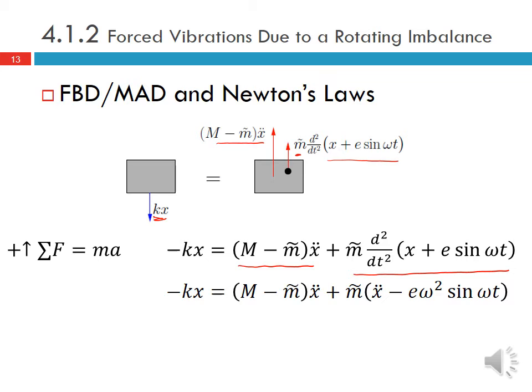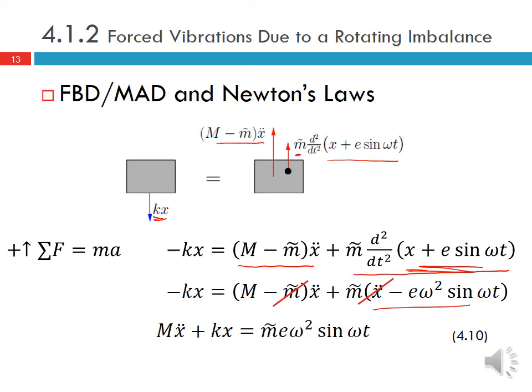So we can just rearrange this here. Taking the derivative of this ends up here. The little m x double dot terms go away, and we get big M x double dot plus kx is equal to little m e omega squared sine omega t.